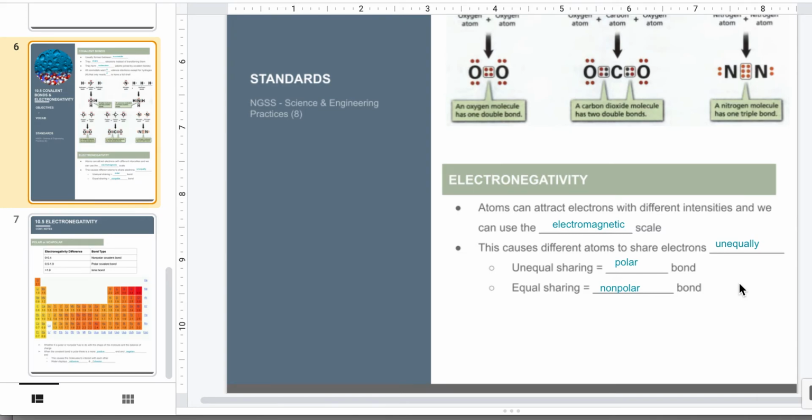So we're going to talk about electronegativity. Some atoms can attract electrons with different intensities, and we can use the electronegativity scale to help us determine how strong an atom is at holding on to electrons, okay? So think of it as strength. Some of the atoms are going to be like bodybuilders, basically.